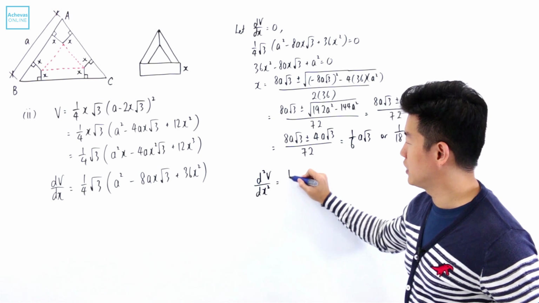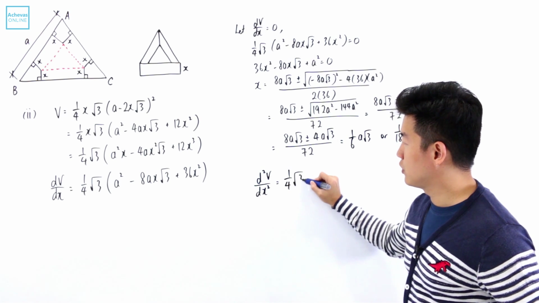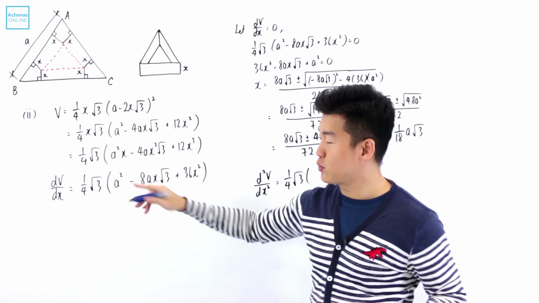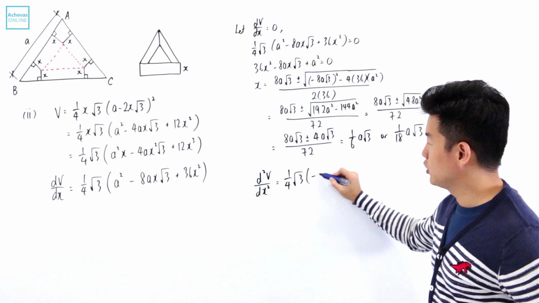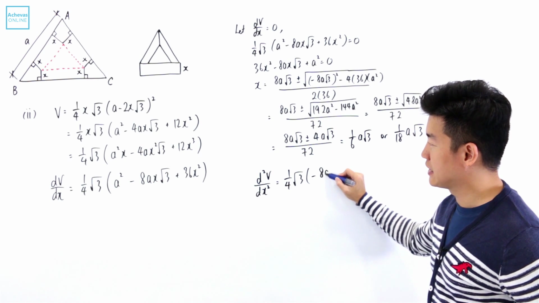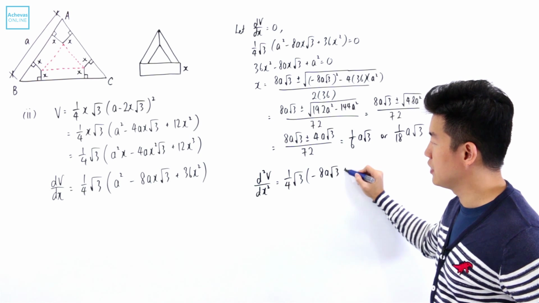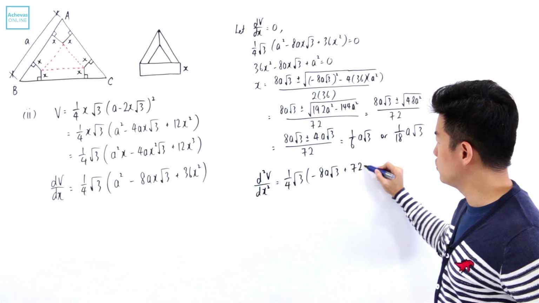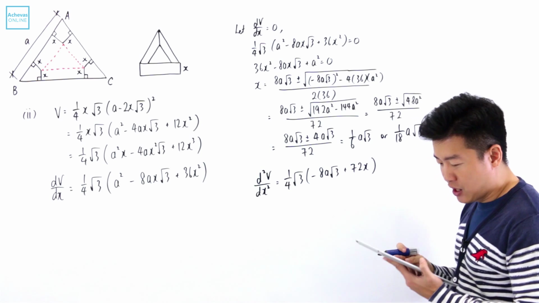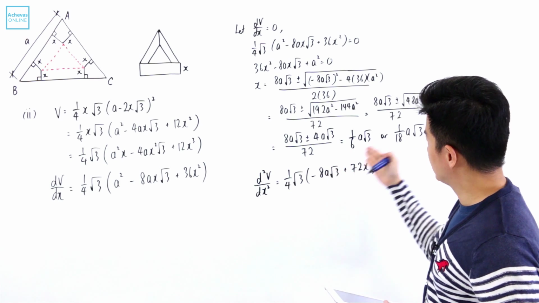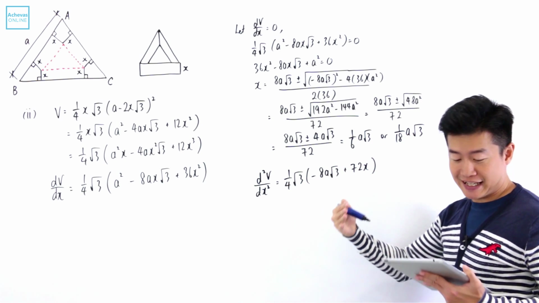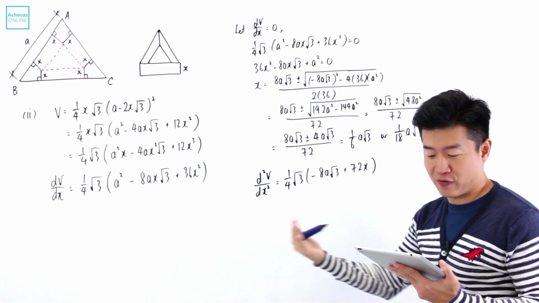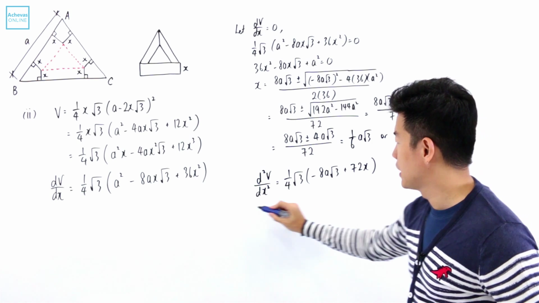Differentiating this, it is 1 over 4 square root of 3, a squared is going to disappear, and what I'm left with is minus 8a square root of 3 plus 72x. So I'm going to substitute each of these values in.